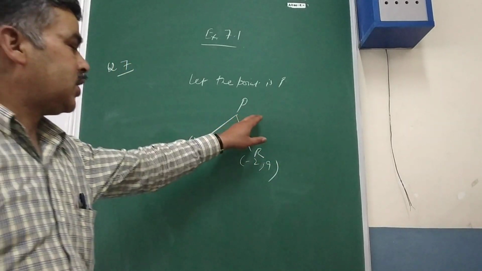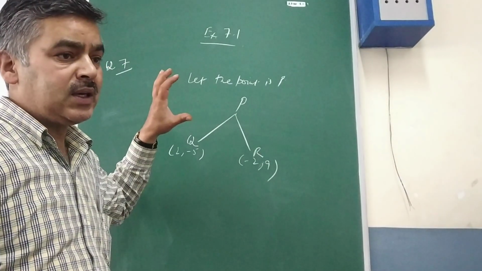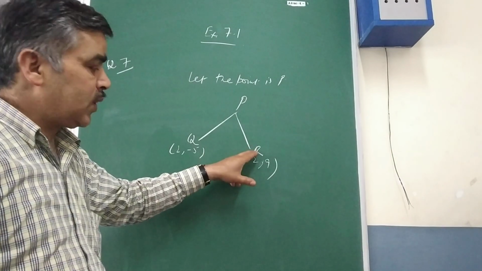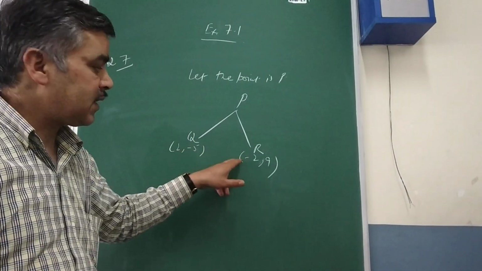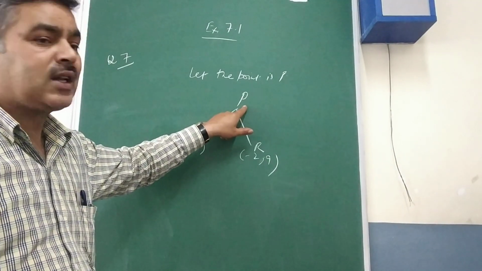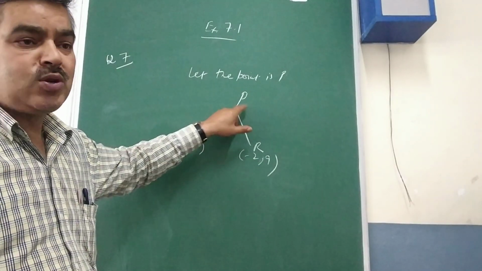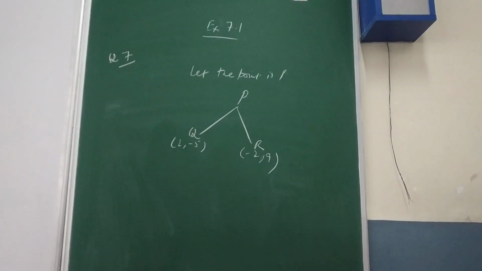Now pay attention here. Let the point I have taken be P, which is equidistant from Q and R, whose coordinates are (2, -5) and (-2, 9). But this point's condition is given to you: it lies on the x-axis. And you know, on the x-axis your y coordinate is always equal to 0.